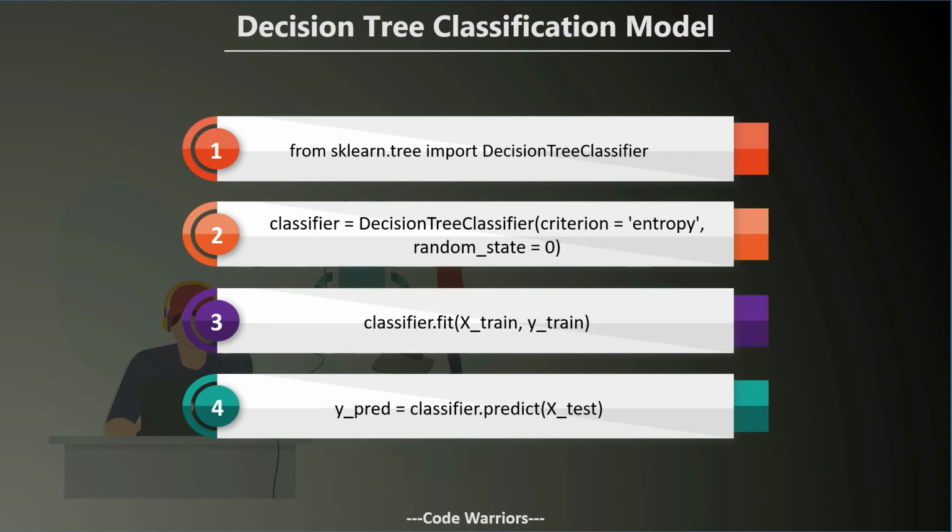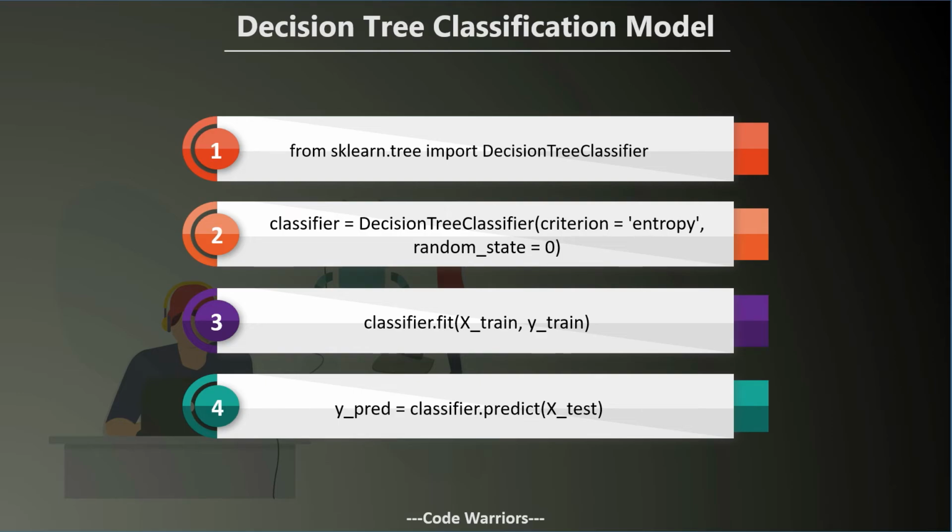That's the reason we are going to use entropy for the information gain. We want our splitting to be as homogeneous as possible. The second parameter is random_state, which is equal to 0. You can use any integer value you want for the random state. This value just works as a seed value for the random sampling of the data.